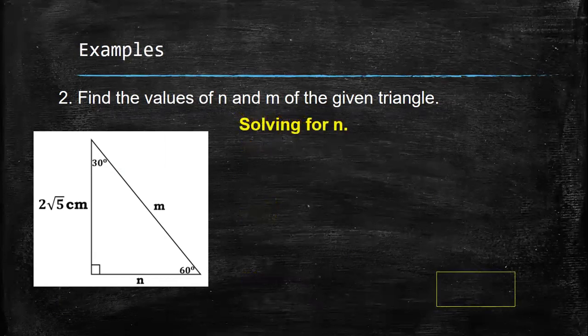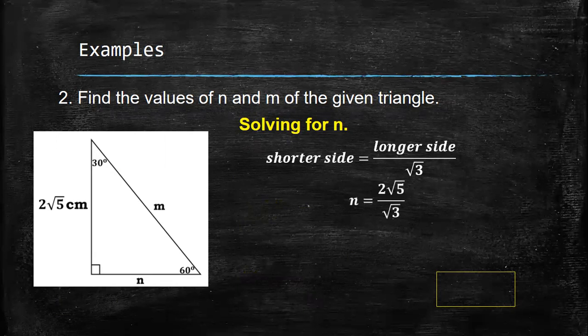Okay, so let's solve for n first. n is our shorter leg. So to find the shorter leg, we need to divide the longer leg by square root of 3. Let's substitute the longer side: 2 square root of 5 over square root of 3. Since we have a square root in our denominator, we need to multiply both numerator and denominator by square root of 3.